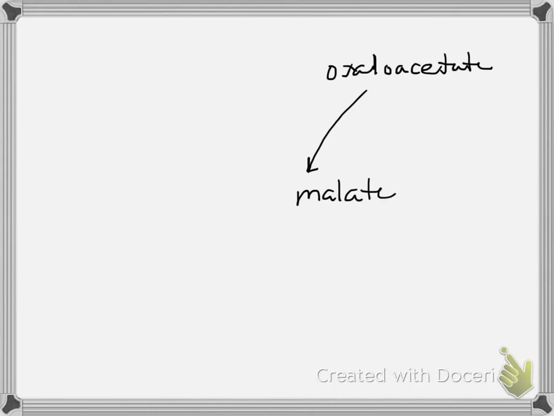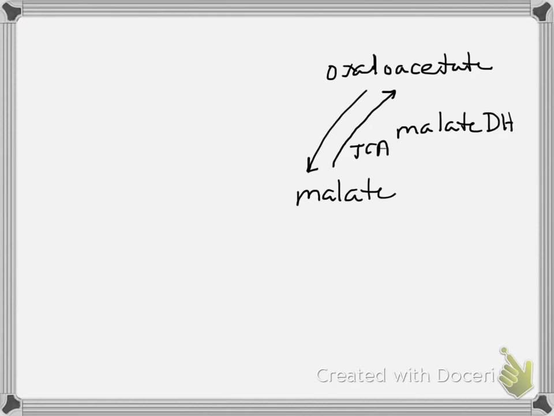Now, once we have our oxaloacetate in the mitochondria that is formed from the pyruvate carboxylase enzyme, we are going to convert this to malate. And this is going to be done by the malate dehydrogenase enzyme. Now recall, the normal TCA direction is from malate to oxaloacetate.